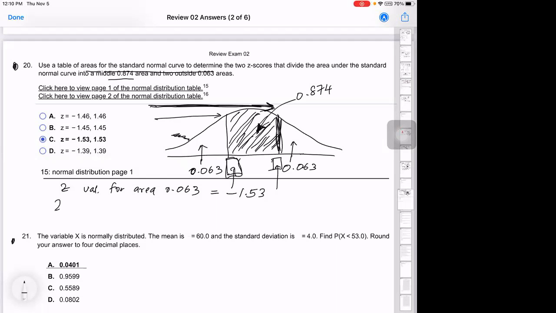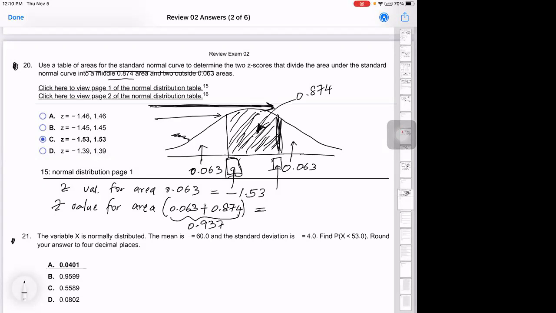So the C value for the area 0.063 plus 0.874 is going to be 0.937. The C value belongs to area 0.937.